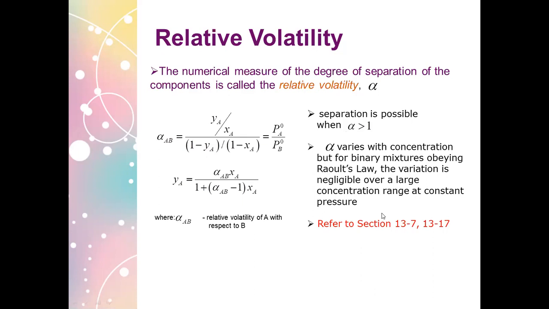So though it is dependent on the changes in concentration, the variation will not be much. So it's okay that our alpha will be a constant when provided in the problem.